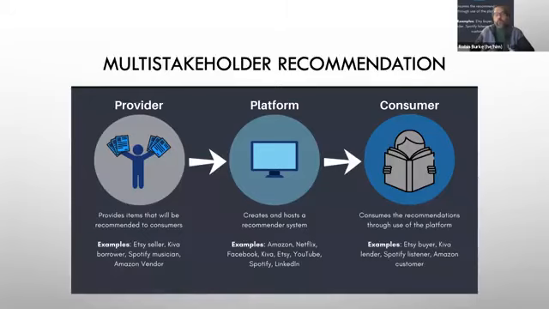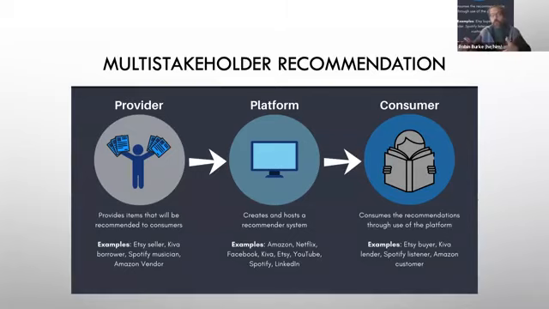So this thinking brings us to an idea that I call multi-stakeholder recommendation. This idea that when you want to make recommendations, you actually want to think about multiple affected groups or multiple affected individuals. And there could be a lot of stakeholders, but the key ones we think of as the provider, the individuals that produce items, like musical artists, for example, or authors, that would eventually become recommended.